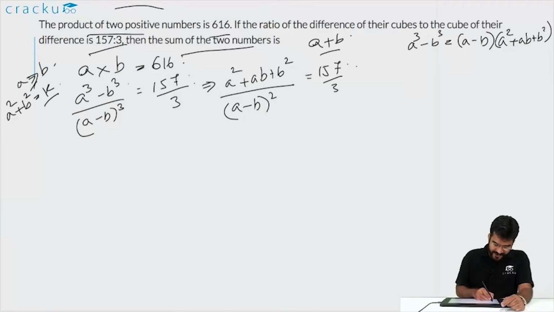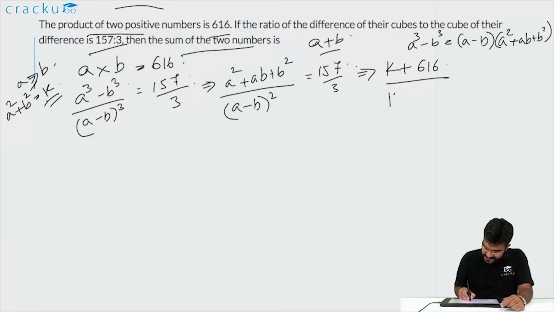Second, we will try to find the value of k, because once we know the value of k, we know the product of ab. So if we add k plus 2 into ab, we are going to get a plus b whole square, and then we can try to find the value of a plus b. That is our strategy. So a square plus ab plus b square will be simplified to k plus ab, which is 616, by (a minus b) whole square, which is k minus 2 into 616, because this is 2ab.